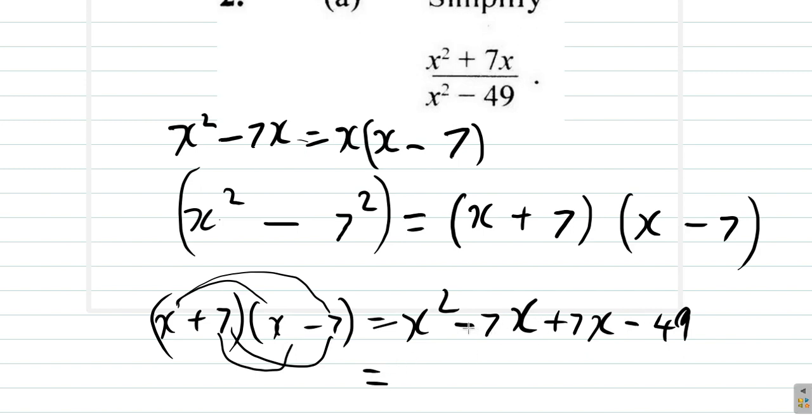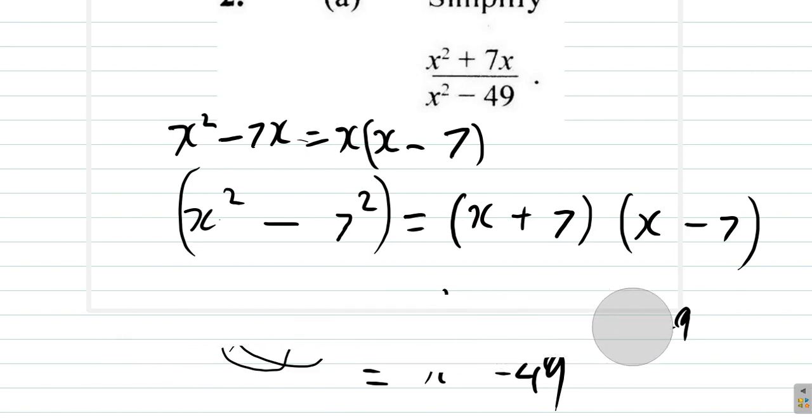Here in the middle, negative 7x plus 7x, that's gone. So what you're left with is x squared minus 49, which is what you had. So you see it works. So that was a shortcut for factorizing the difference of two squares.